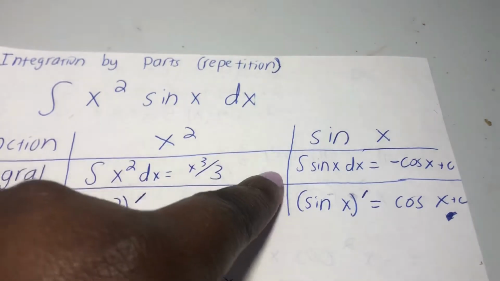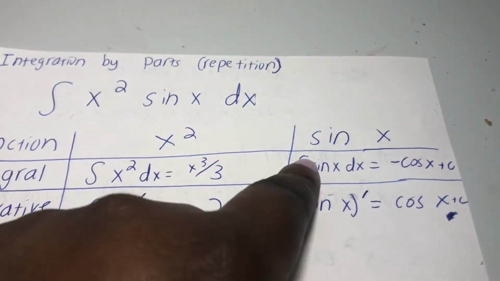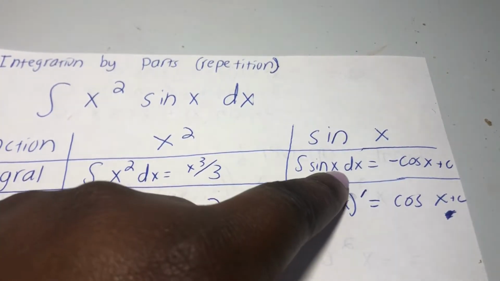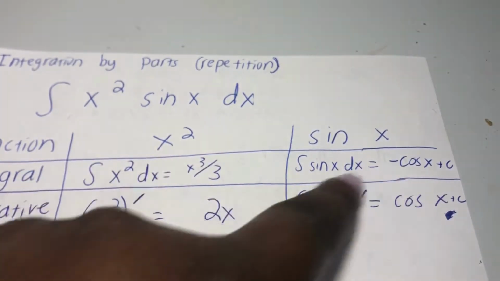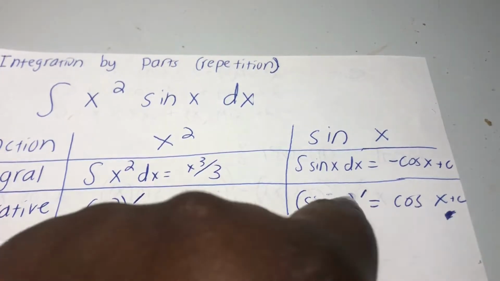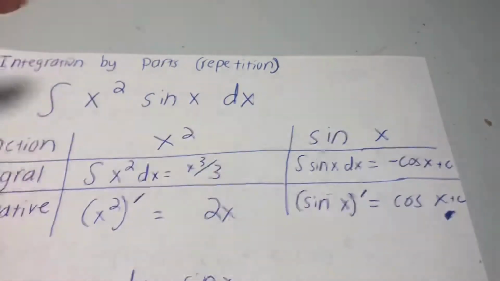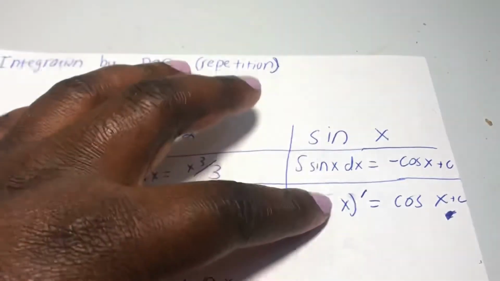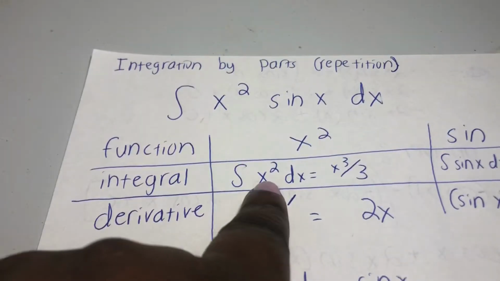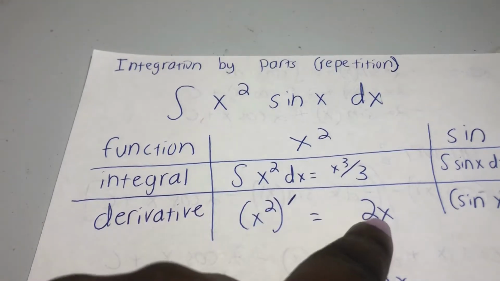The integral of sine x dx is negative cosine x plus c, and the derivative of sine x is just cosine x, the positive one. But both of the degrees of x are to the power of 1, so they have equal difficulty. But for x squared, the integral has a higher degree, and for the derivative, the x has a lower degree.